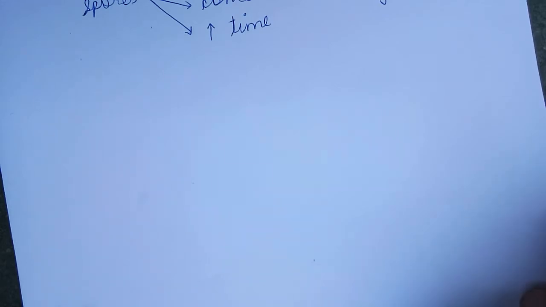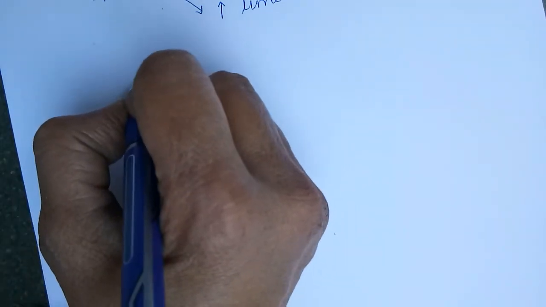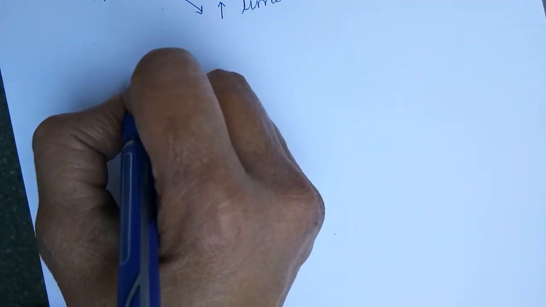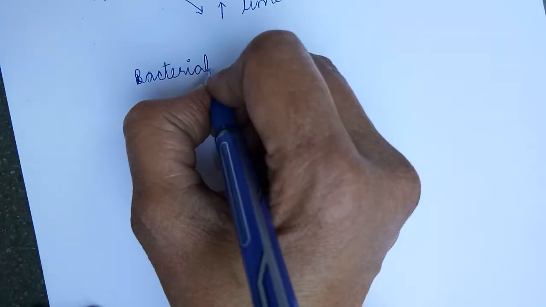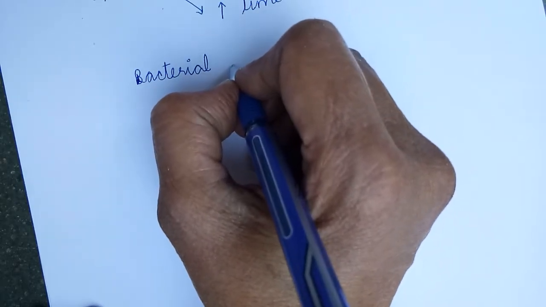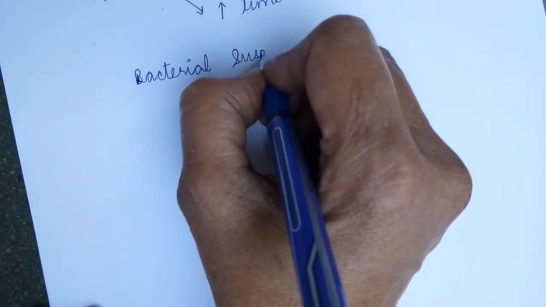Now first of all, what is to be done? First of all, a bacterial suspension is taken. Usually we stain Bacillus species.